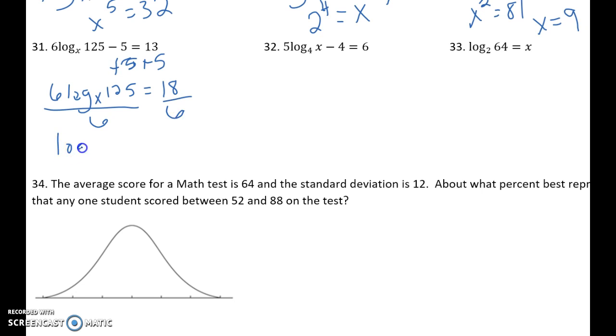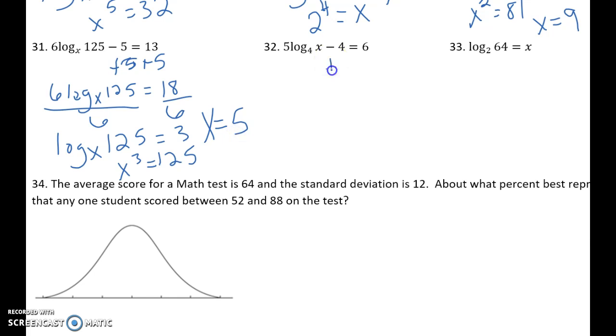I have log base x of 125 is equal to 3. So x cubed equals 125. Sorry, that should be an equal sign, not a negative sign. What number to the 3rd power is equal to 125? On your half sheet, x is going to be 5 all day, every day.